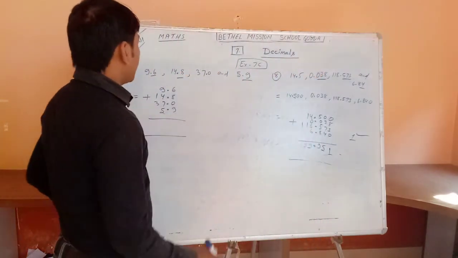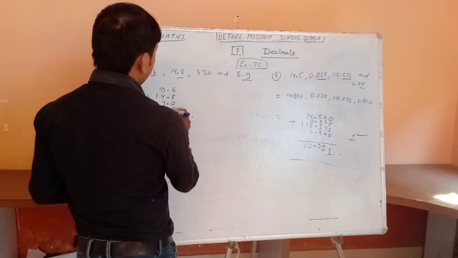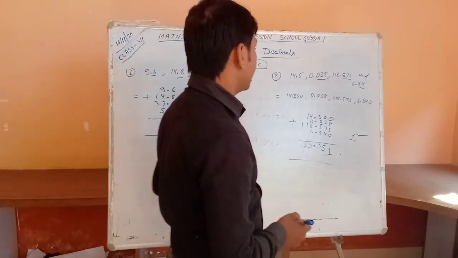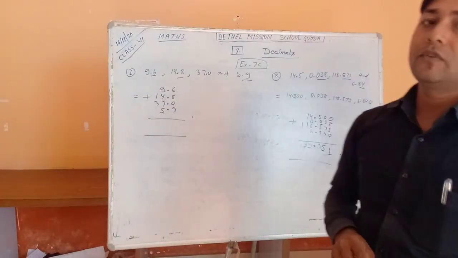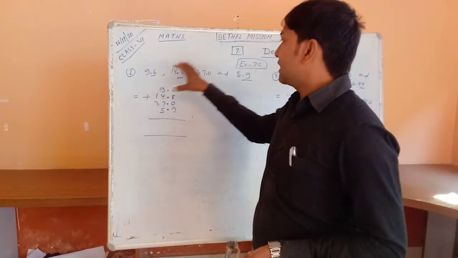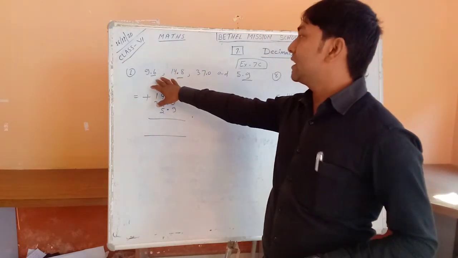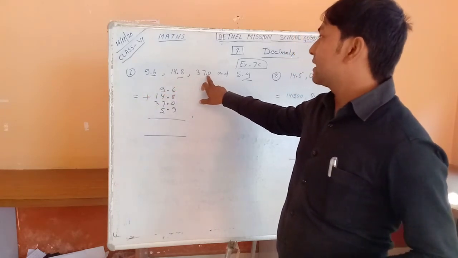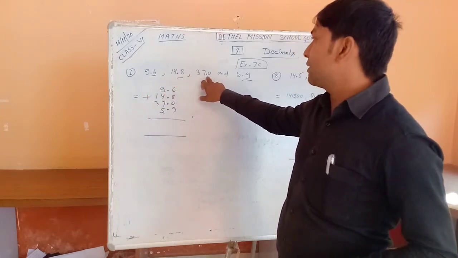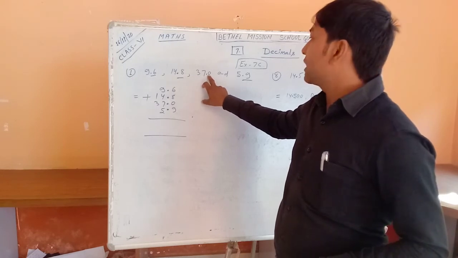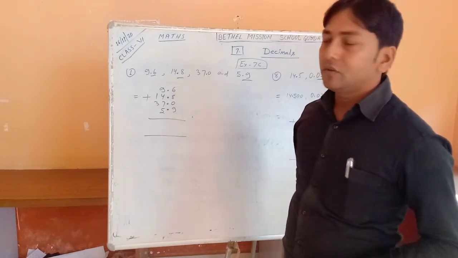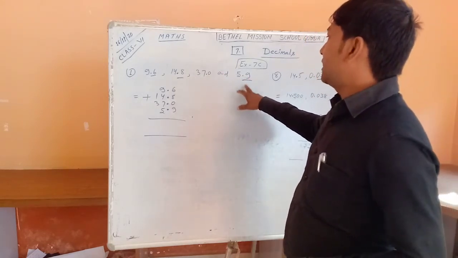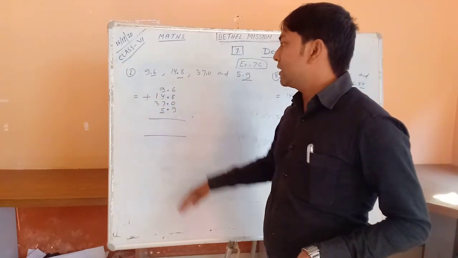Okay, you can do this one yourself. You can add now. First here you have to keep in mind to first find out how many decimal places are given. 1 given, 1 given, then 37 is given. So after 37 we can put a point and 0. Okay, and 5.9, so 1, 1, 1 given, so there is no problem.